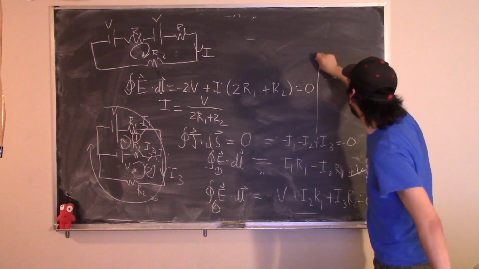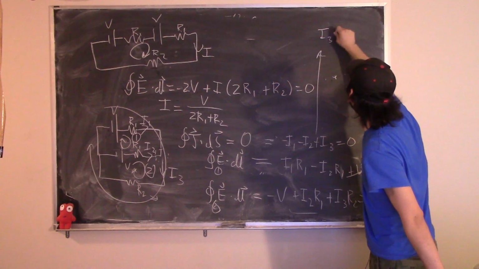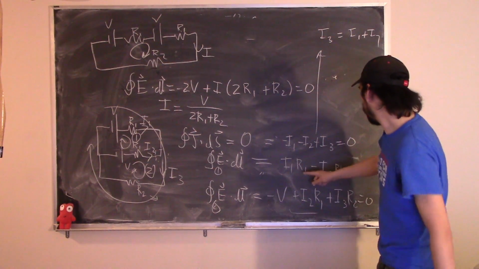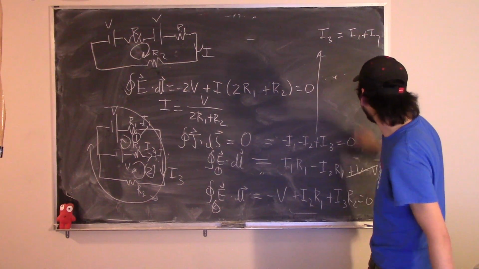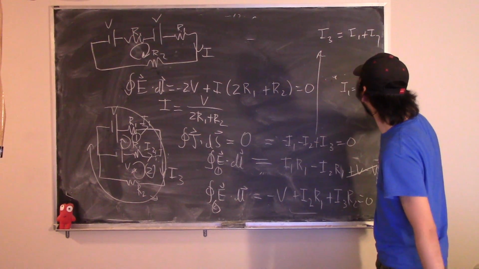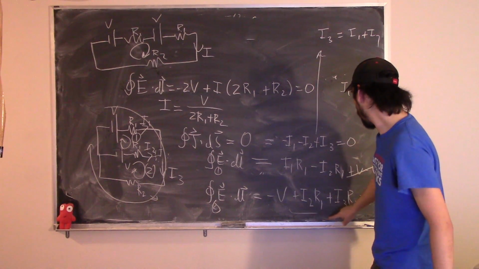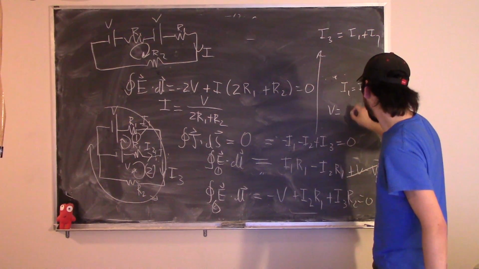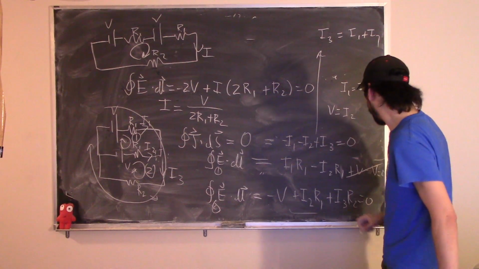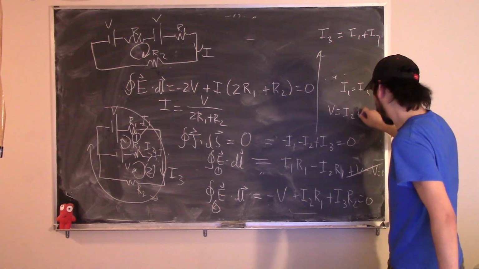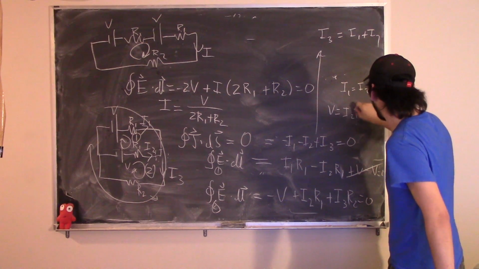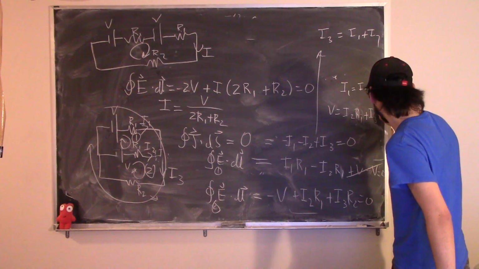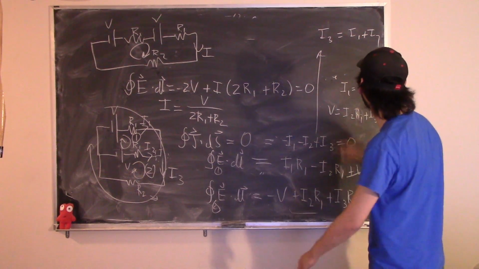Okay, so from the equations that I have here, let's rearrange this. So this one says that I3 is equal to I1 plus I2. This one, when I rearrange it, says that I1 is equal to I2. And this one says that V is equal to I2 times R1 plus I3 times R2, okay?